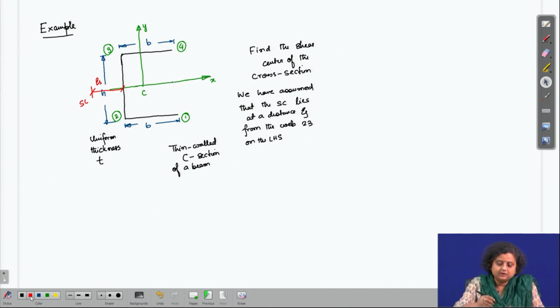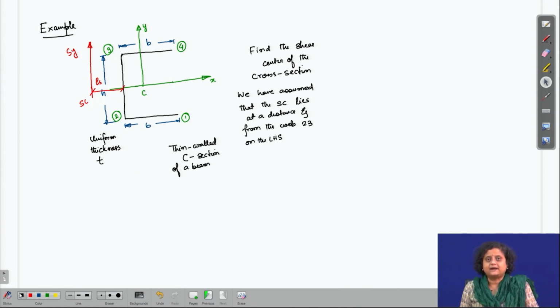So, let me draw a shear force through this shear center, which let me call Sy. Now, according to the definition of the shear center, since Sy is passing through the shear center, the torsional moment produced by Sy about any point has to be balanced by the torsional moment produced by the shear flow in the cross section.